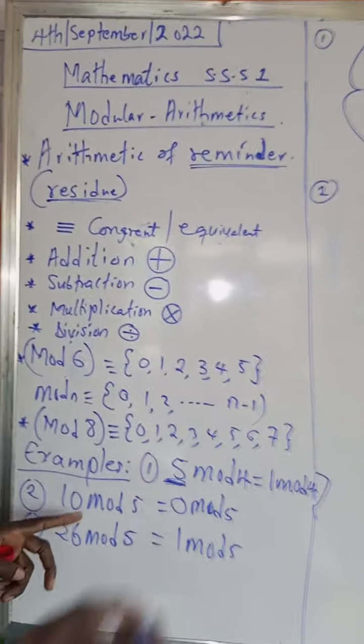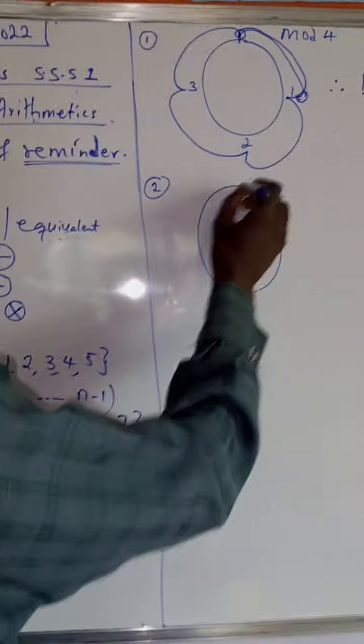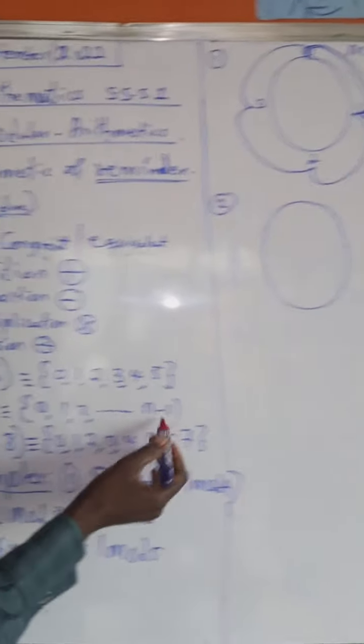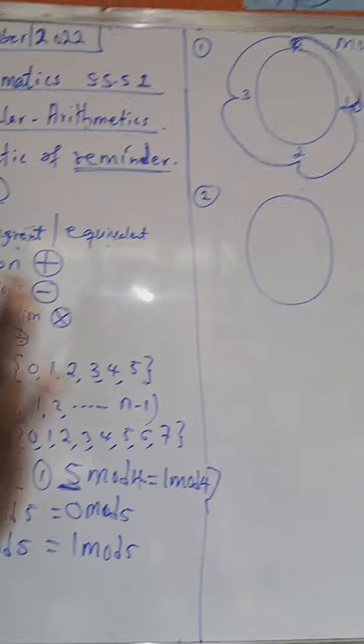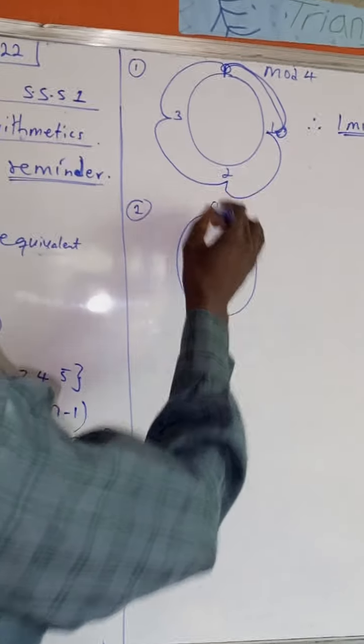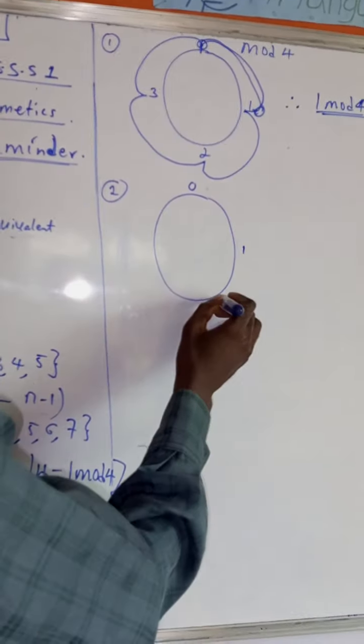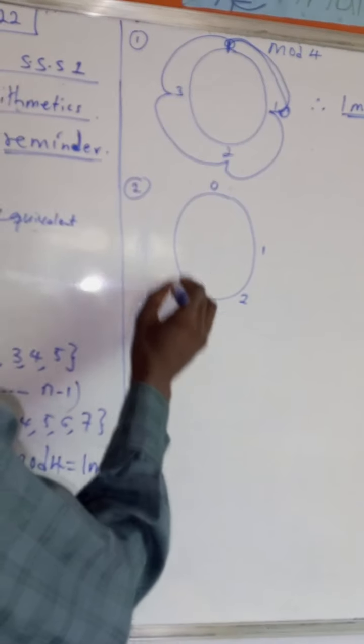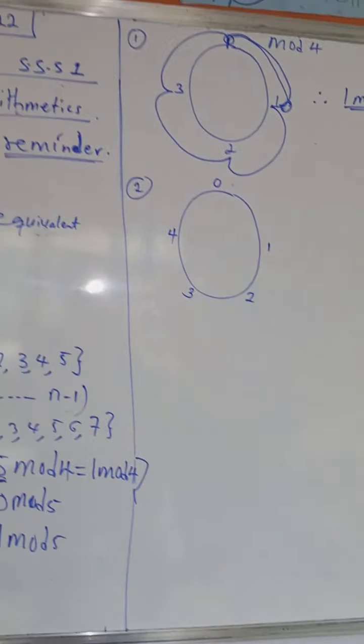Example 2: they said mod 5. So the clock for mod 5 should be, like I said, at n minus 1. 5 minus 1 is 4. So start from 0, 1, 2, 3, 4.